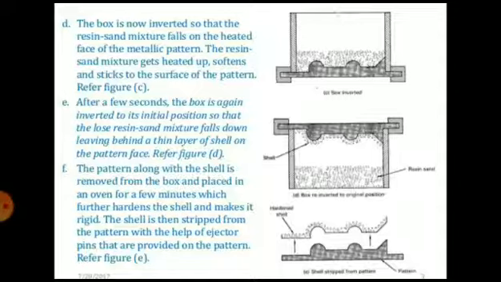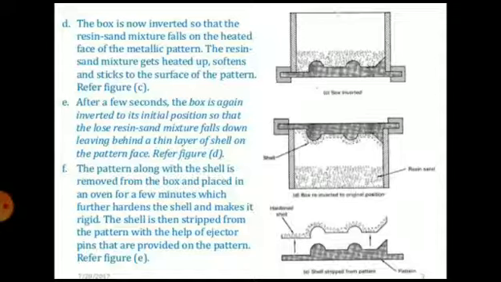After a few seconds, the box is again inverted to its initial position so that the loose resin sand mixture falls down, leaving behind a thin layer of shell on the pattern face. In other words, the shell is formed on a pattern.